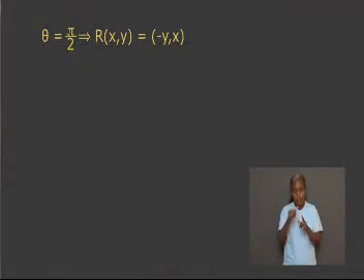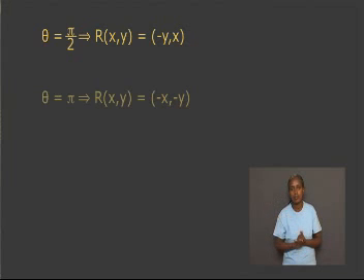Here are a few facts about rotation around the origin. Let R be a counterclockwise rotation through an angle about the origin. If the angle is equal to pi over 2, or 90 degrees, x and y become negative y and x. If the angle is equal to pi, or 180 degrees, they become negative x and negative y.